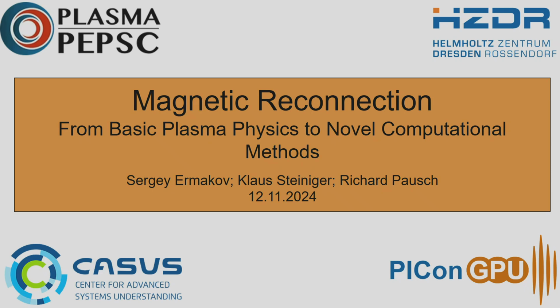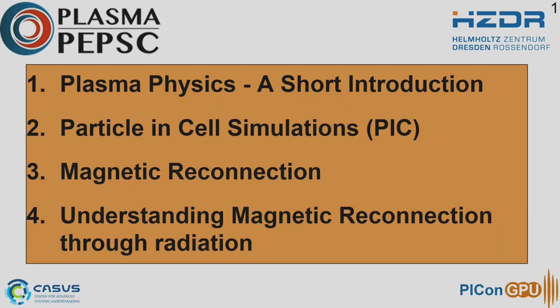Initially it was just meant to be magnetic reconnection, which is this plasma physics phenomenon, but I thought it doesn't make any sense without talking about the plasma physics behind it. So the topics changed a bit. Now I'm going to walk you through a very brief and probably not extensive enough introduction on plasma physics.